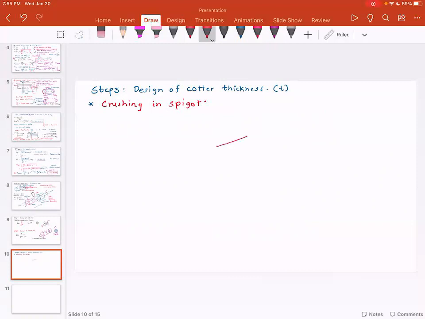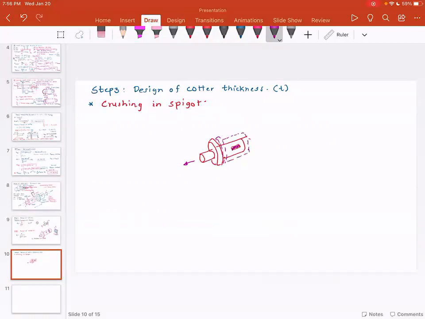So what we have is this spigot, and then there is quarter, and this quarter, which is going in here, can actually crush because of the loading. So just imagine that you are pulling it like this, and here you have the socket, and I'm just going to show the socket as a dotted outline.